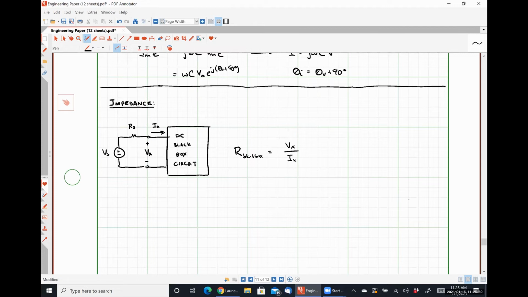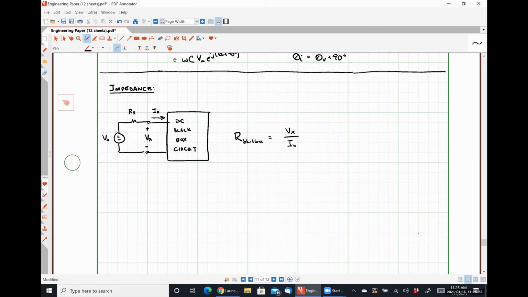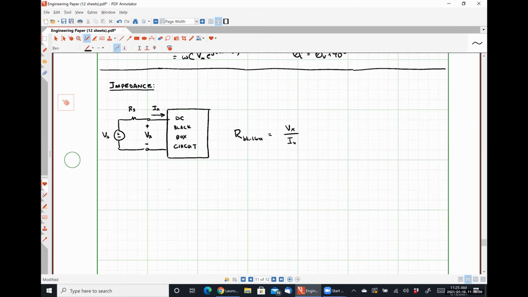If we do the same thing for a phasor circuit, so now we have some AC black box circuit over which we apply some test voltage VS phasor.